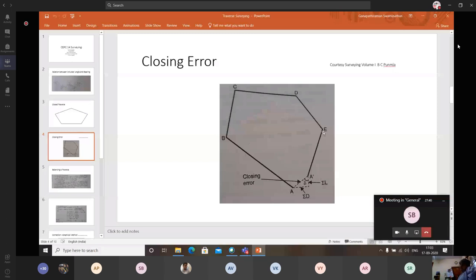So the most probable value fixes a domain. For example, the length of a line is 30 meter between 2 points. 30 meter is the true length of the line. But what the most probable value says is 30 plus or minus 0.01 meter. What does it mean?